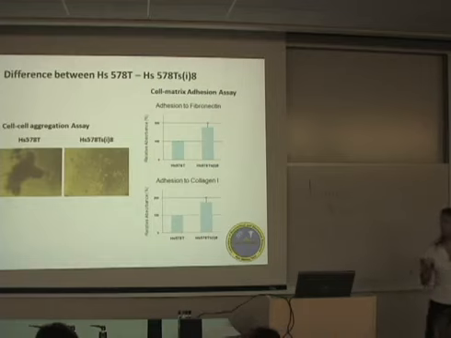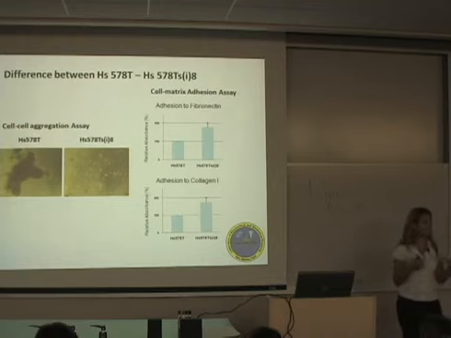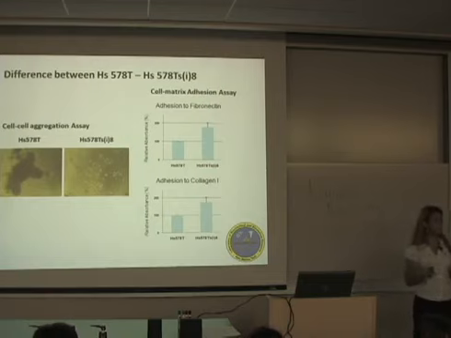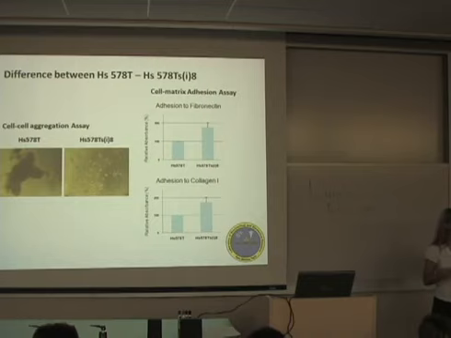After this time, we observed that the parental cells form a nicely compact aggregate, while the invasive cells form several loose aggregates. So, if we go back to the overview slide, we see that these invasive cells behave the same way that metastatic cells behave, detaching from the primary tumor and interacting as single cells.